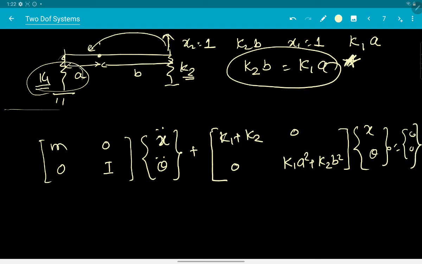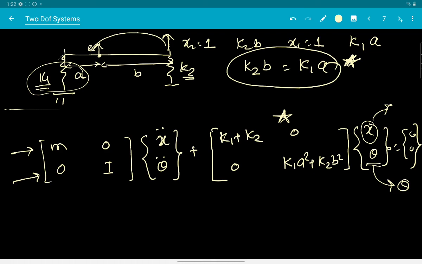Okay, this is a set of decoupled equations. Okay, so you have two different equations which have no relationship with each other. So whatever be the value of x, it has no influence in determining theta, which means that if you happen to give certain displacement at CG in the translatory direction, there will not be any rotation caused because of that.